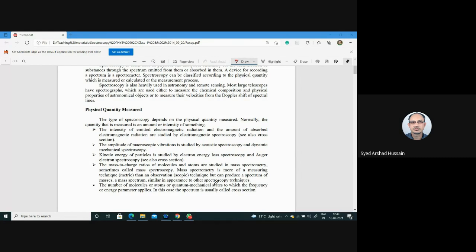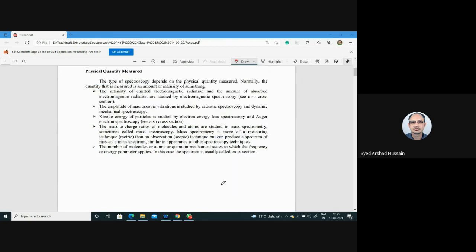This is known as mass spectroscopy. The message is that based on the physical quantity you are analyzing at the output, when radiation interacts with the material, there are different types of spectroscopy.